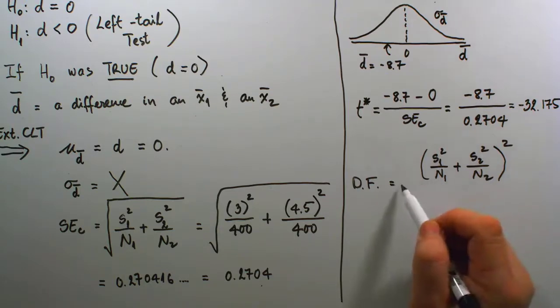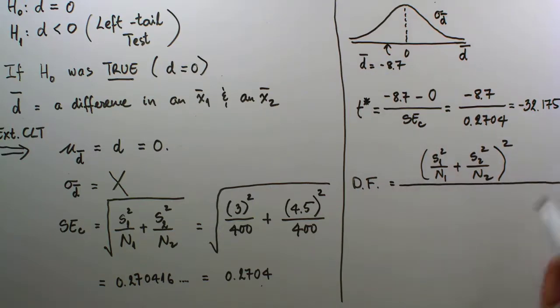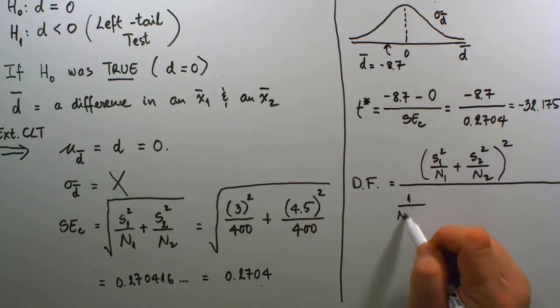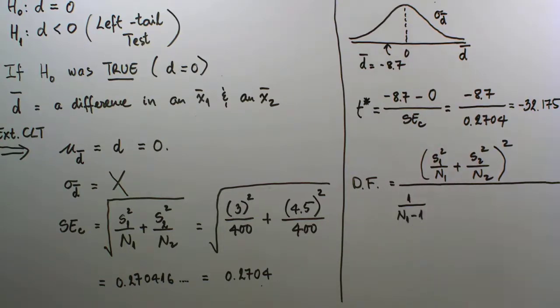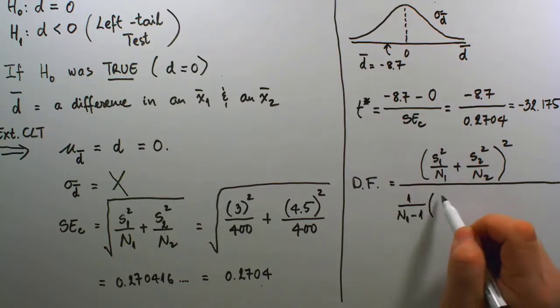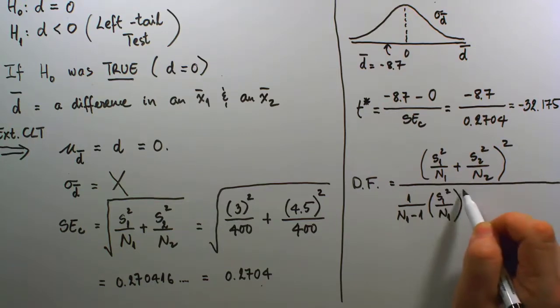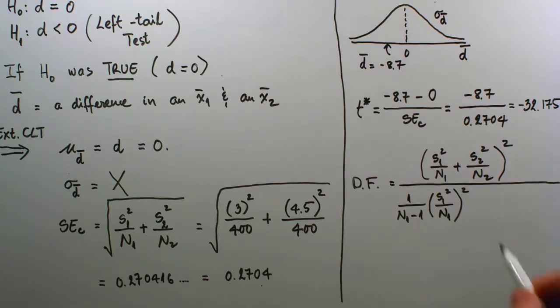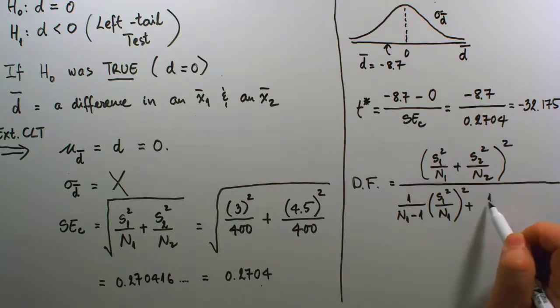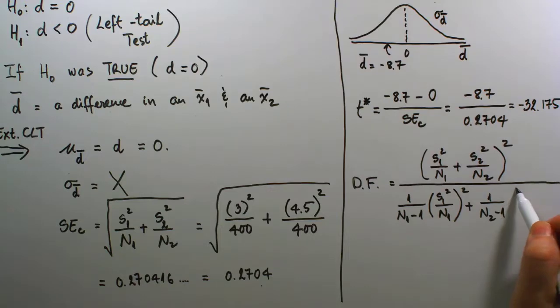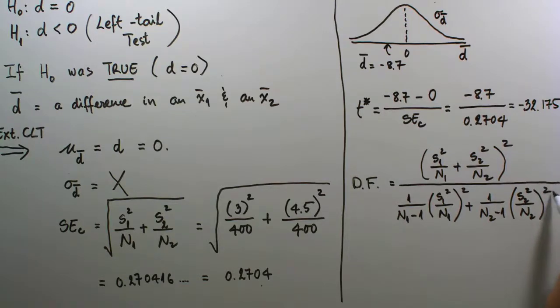We are going to divide by 1 over N1 minus 1 multiplied with S1 squared over N1 and square again, plus 1 over N2 minus 1 multiplied with S2 squared over N2 and square again.